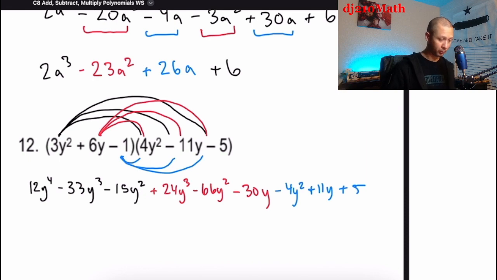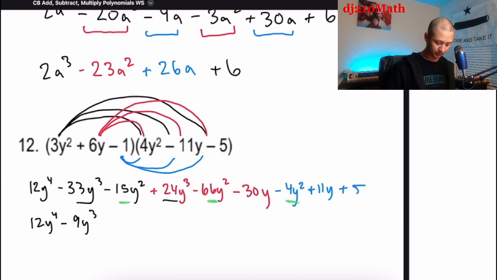Okay, there's only one y to the fourth. There's 2 y cubed, so negative 33 plus 24. So negative 9y cubed. There's 3 y squares.